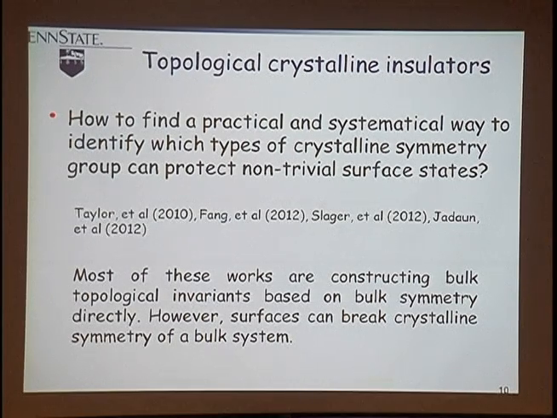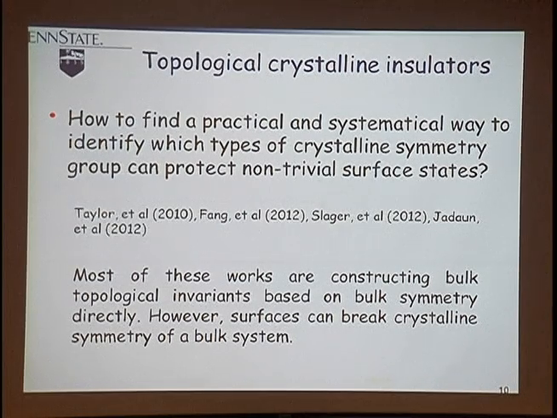Okay. There are a bunch of works from earlier, but most of these usually try to identify bulk topological invariants based on bulk symmetry directly. But there's one problem here. When we look at the surface state of a crystal, you cut the crystal at some surface, and the crystalline symmetry of the surface is different from the crystalline symmetry in the bulk.